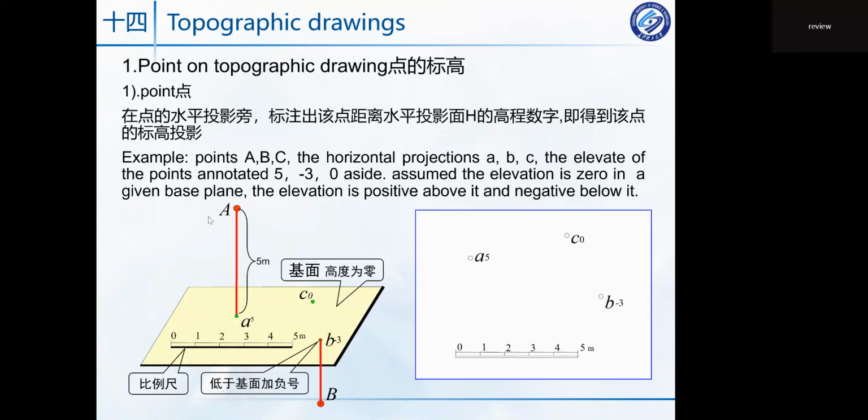So at first, you have to know what the elevation is. There is a plane where the elevation is zero, a basic plane. You can see the elevation of A is 5. It means that the vertical distance between A and the plane is 5 meters.